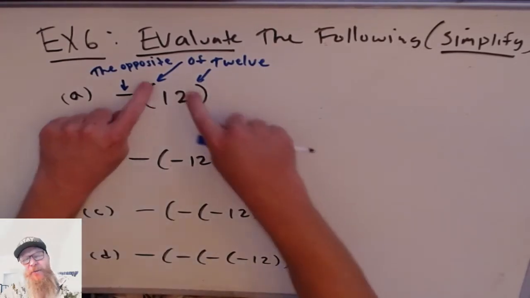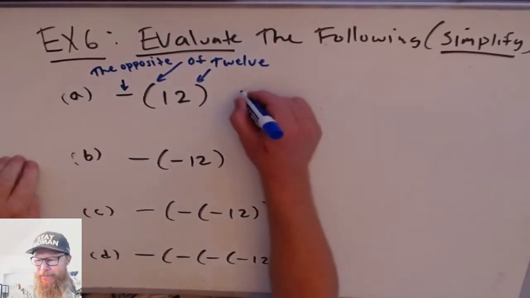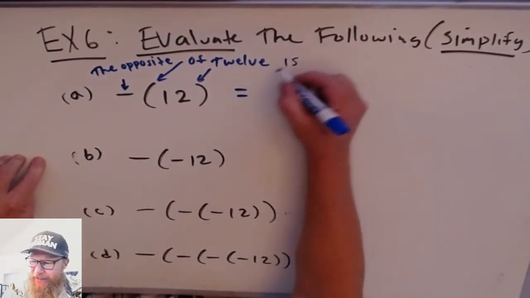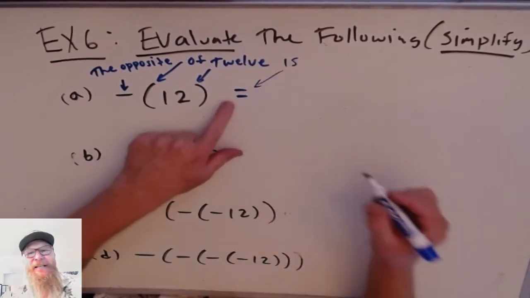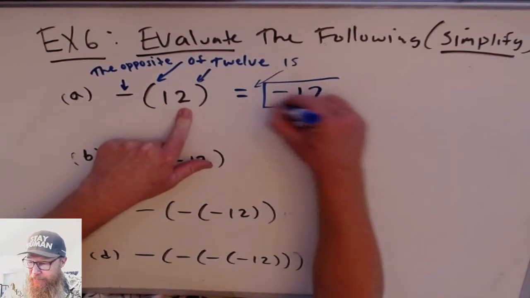Sometimes we think of parentheses as the word of. So the opposite of 12 is, that's the equal sign, is, the opposite of 12 is negative 12. Done.